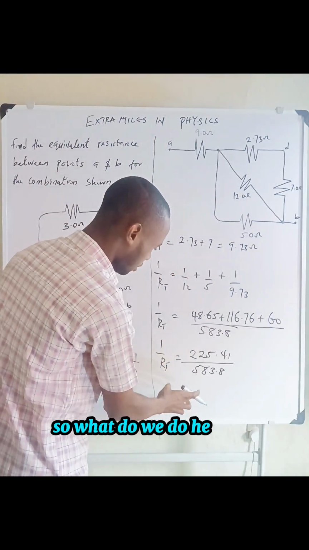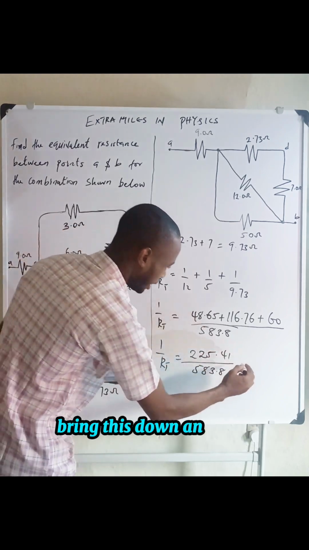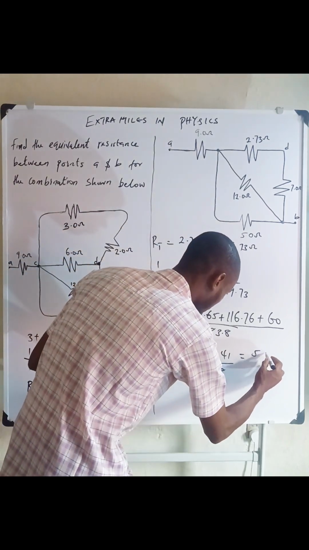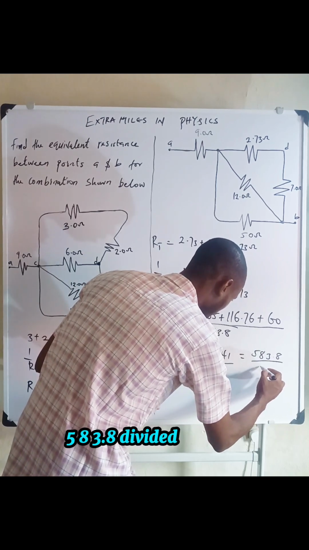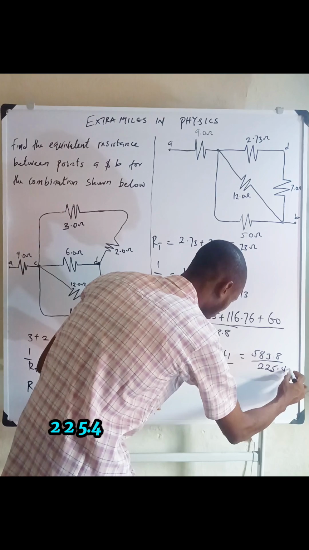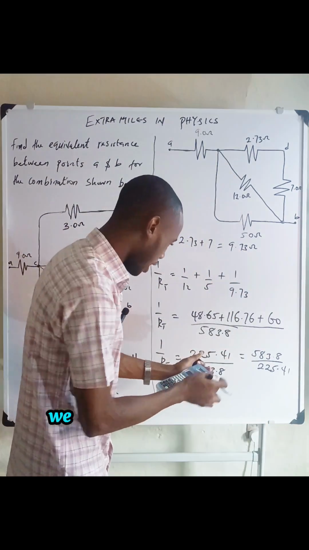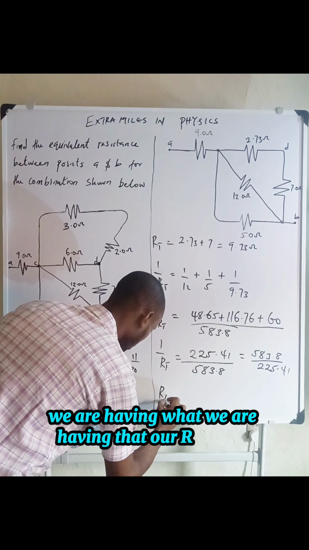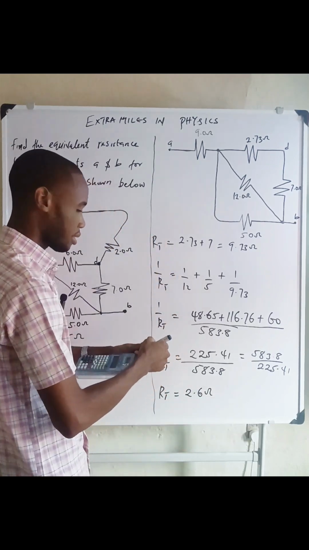So what do we do here? We inverse. Remember, just take this up, bring this down, and that will be giving us 583.8 divided by 225.41. So when we divide this, we have that our RT is 2.6 ohm.